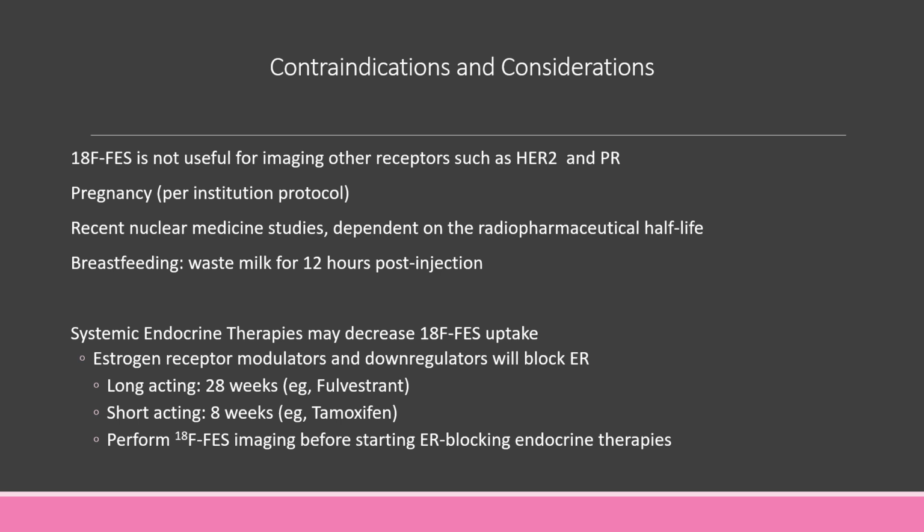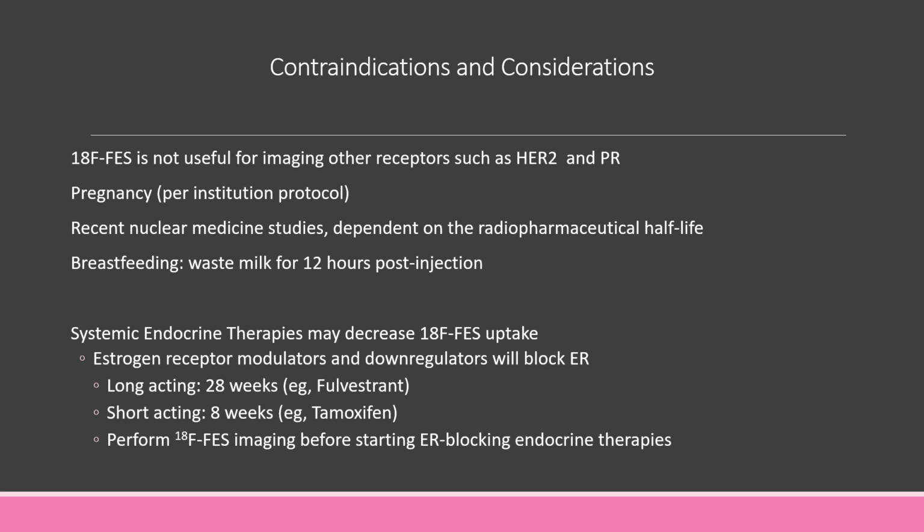There are a few contraindications, or more or less considerations, for an FES study. It is not useful for imaging other receptors such as HER2 and the progesterone receptors. Pregnancy is a relative contraindication, not an absolute one.